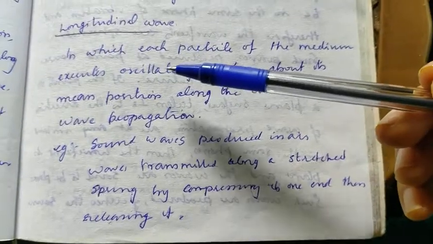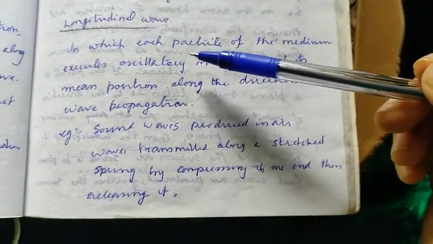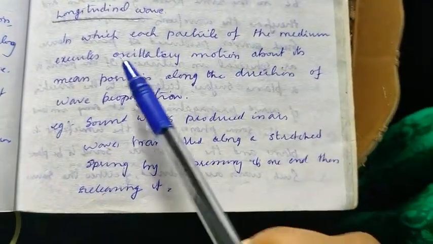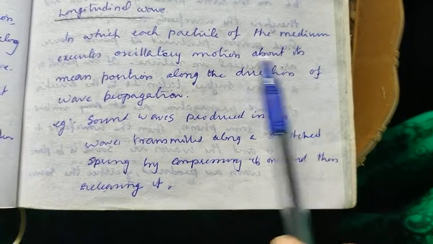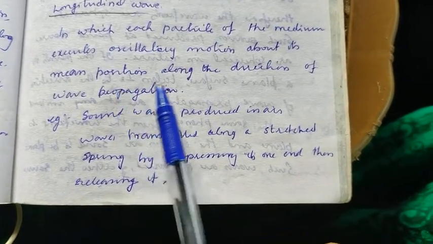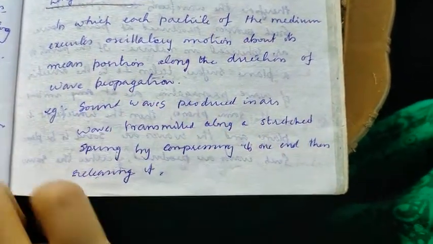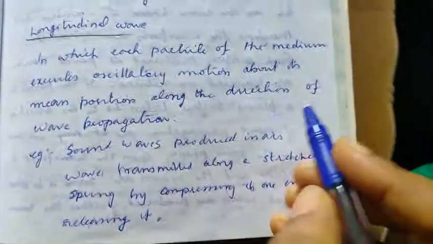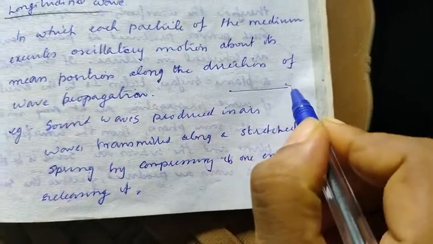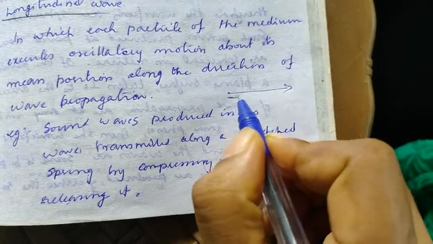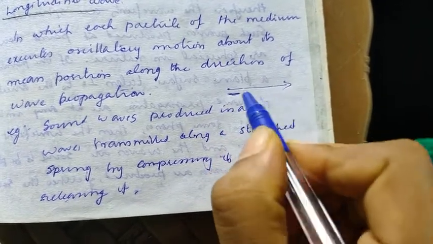And what are longitudinal waves? Longitudinal waves are waves in which each particle of the medium executes oscillatory motion about its mean position along the direction of propagation. That is, if the direction of propagation is like this, the vibration will also be like this.